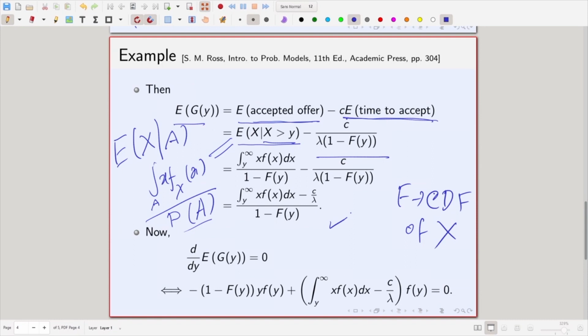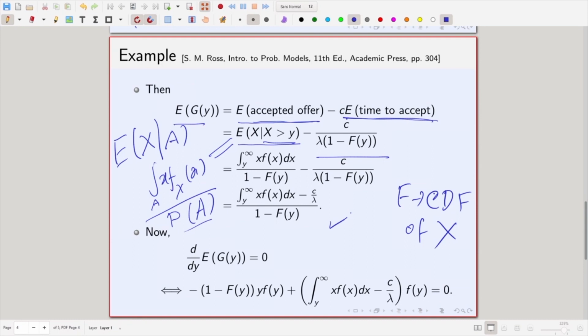Now, what are you trying to do in this problem? You are trying to find the optimal value of y, optimal in the sense that it maximizes your expected net return.